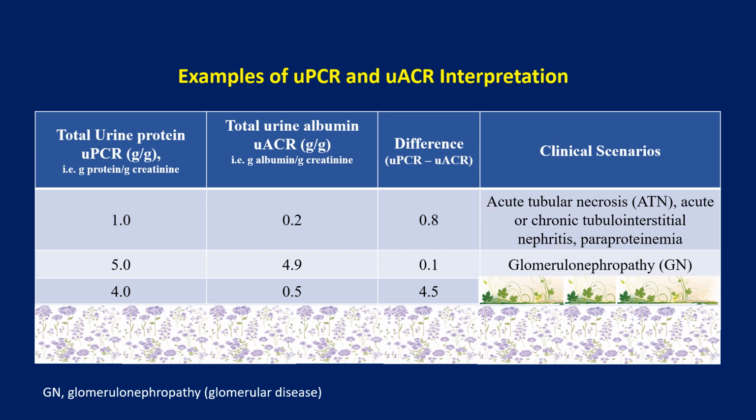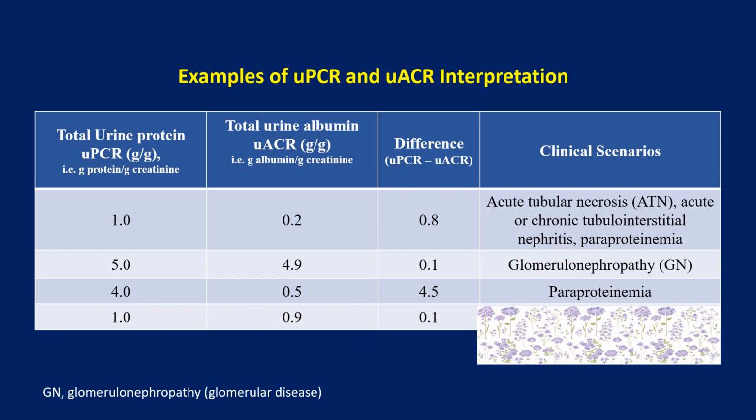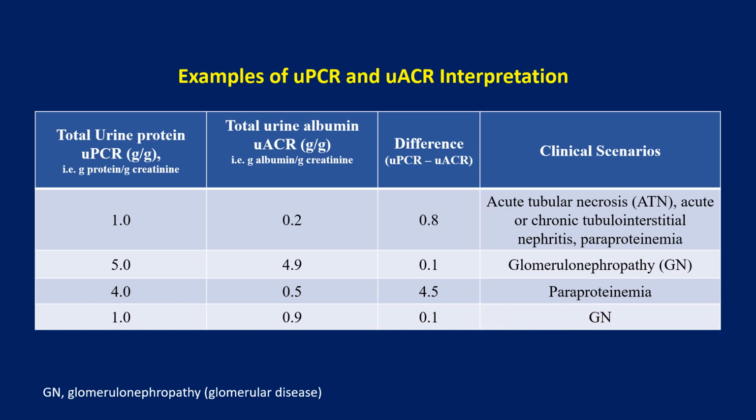This high degree of proteinuria without albuminuria should raise concerns for paraproteinemia. Fourth patient, PCR of 1 and ACR of 0.9. Although PCR is low, it is made up predominantly of albumin. This pattern is consistent with glomerular disease.